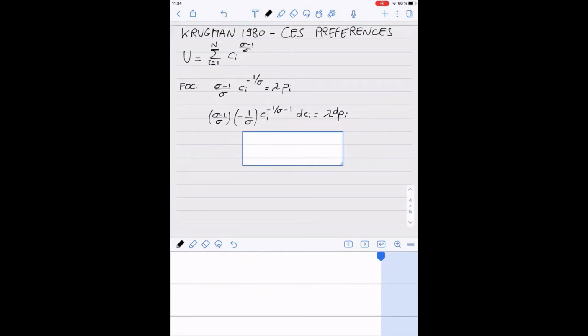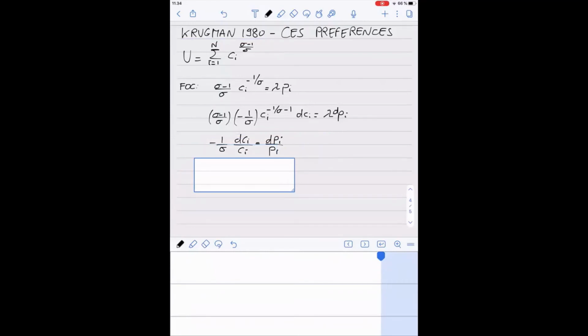Okay, what now? Now we substitute in the demand. And what do we obtain? Well, we obtain dci over ci equals, the lambda cancels out, minus sigma times dpi over pi.